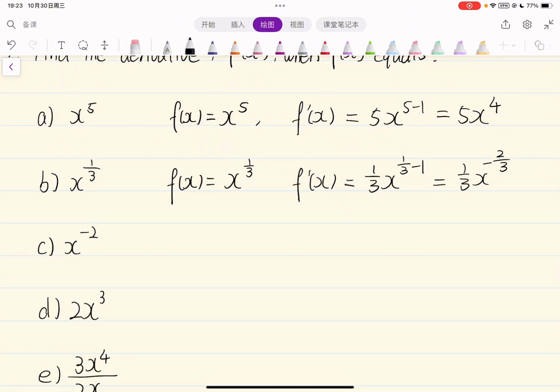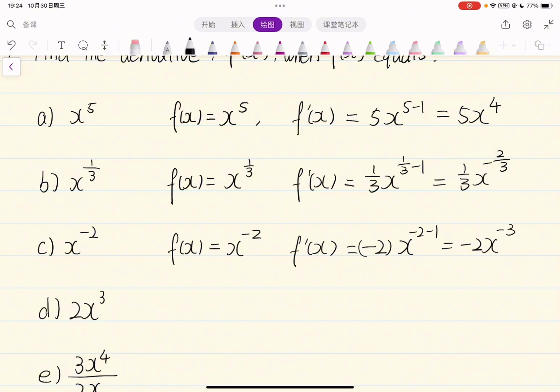For part C, we have the function equals x to the power of minus 2. The derivative of that equals minus 2 times x to the power of minus 2 minus 1, which equals minus 2 times x to the power of minus 3.